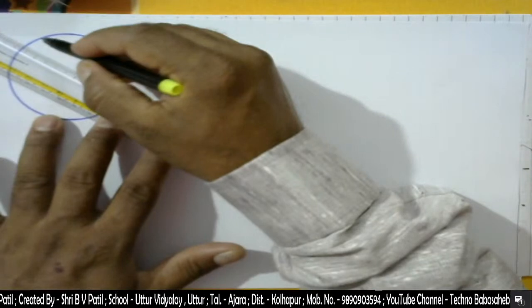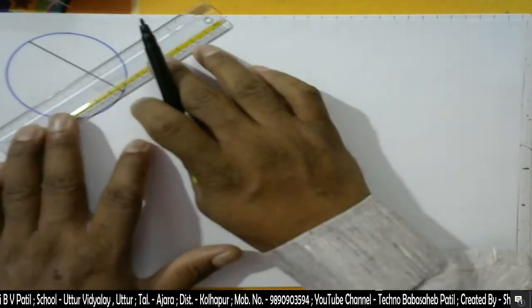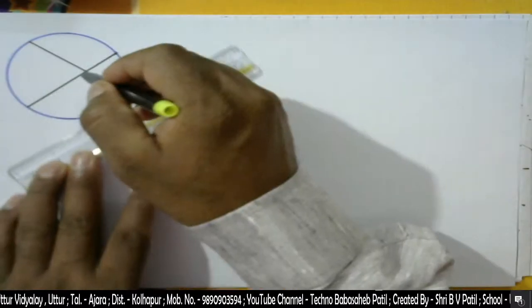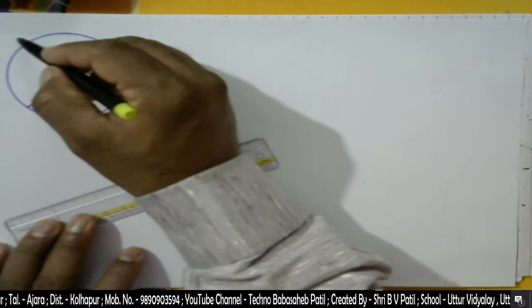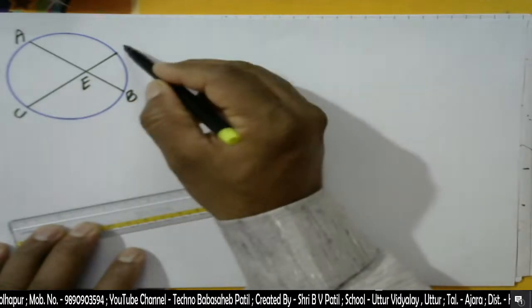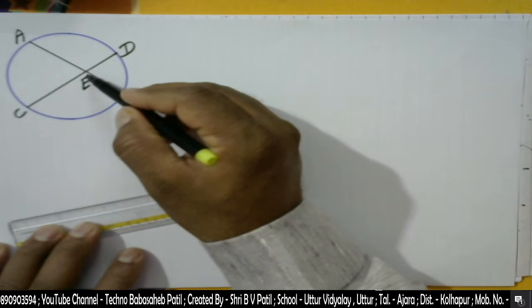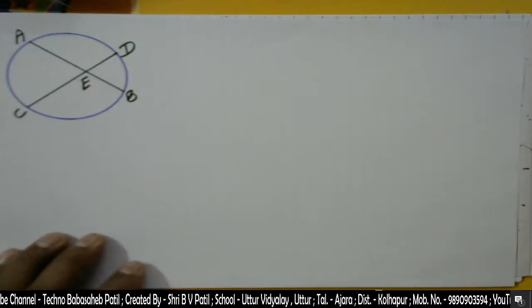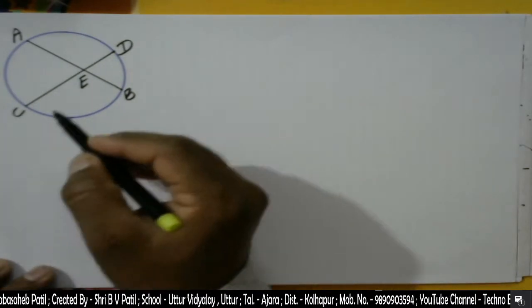Here, the first chord is AB and the other chord is CD. They intersect inside the circle at point E. Then we can use different theorems.